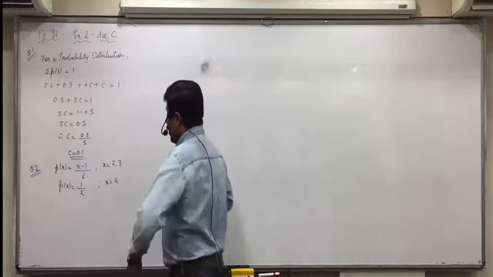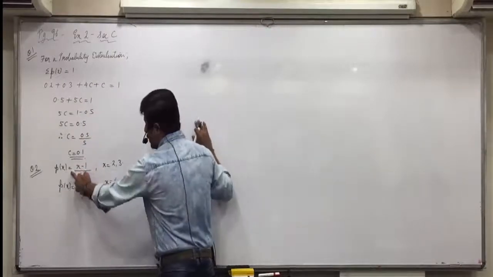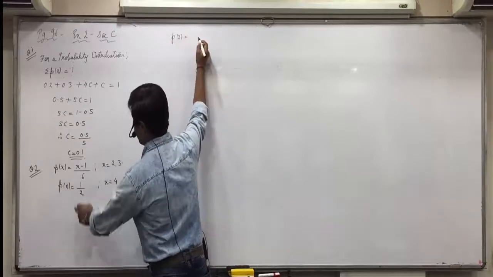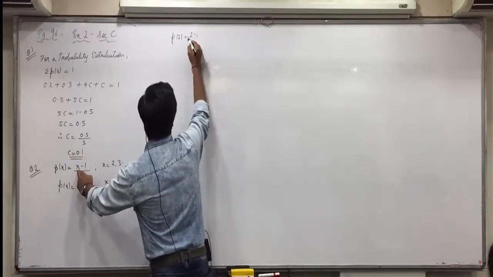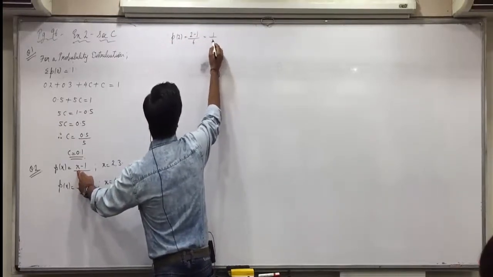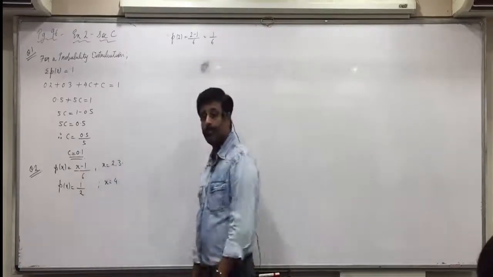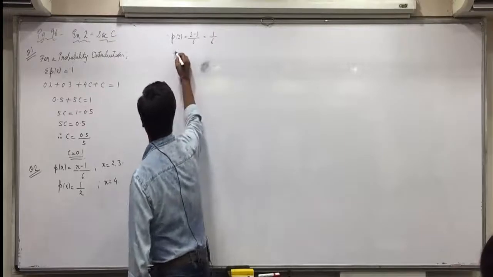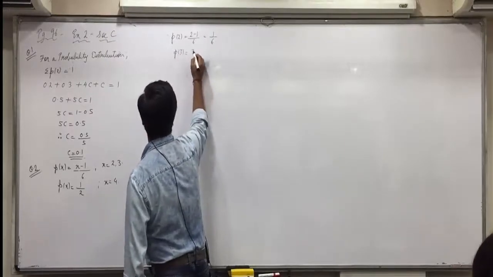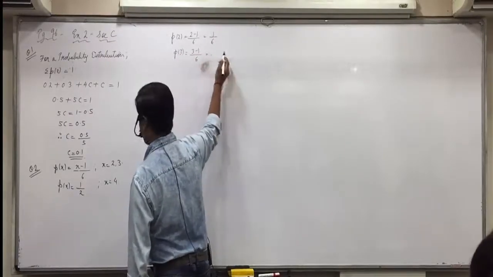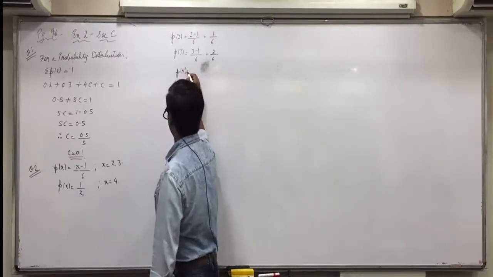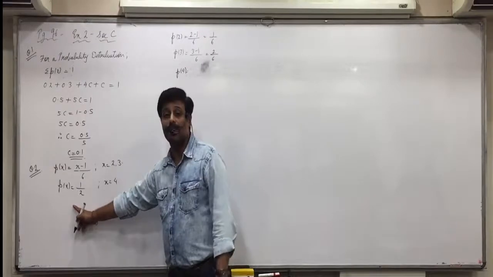Now see, in x, if we substitute 2, then P2 is equal to 2 minus 1 upon 6, 1 upon 6. Understood this? If we substitute 3, then P3 is equal to 3 minus 1 upon 6, 2 upon 6. But for 4, we will go with the second function.